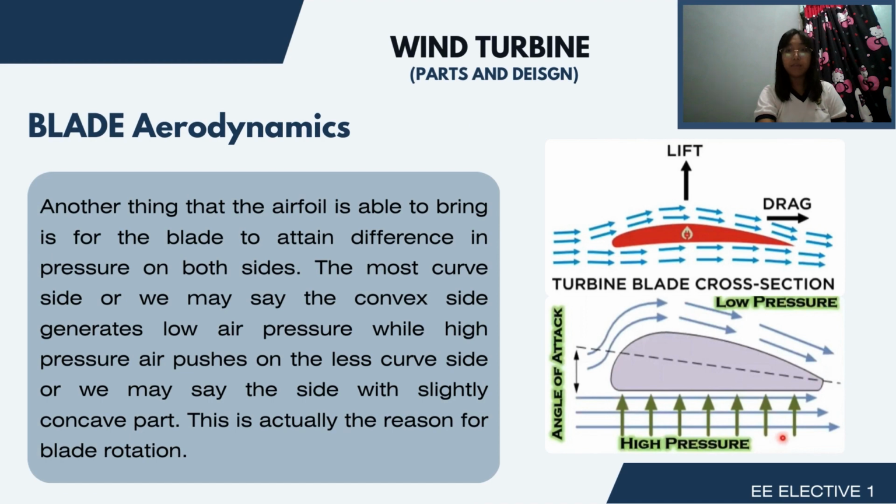So what does it mean? When the air hits the airfoil and hits its most curved side, it will generate low air pressure, while the wind that hits or goes into the less curved side will generate high air pressure. Because of this, the blade will rotate, or it will start the rotation.